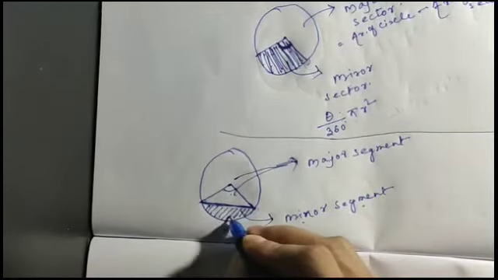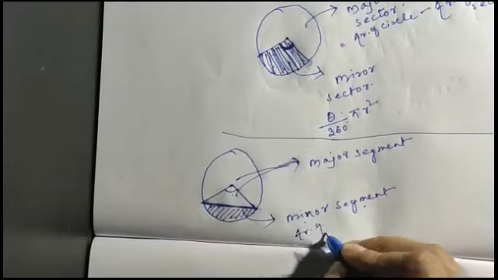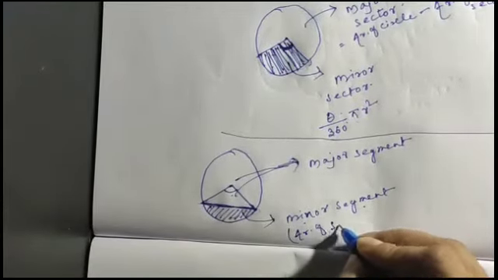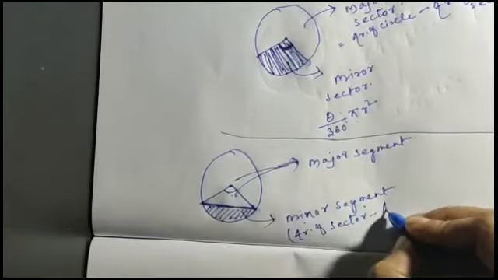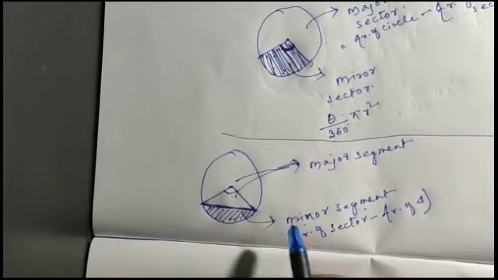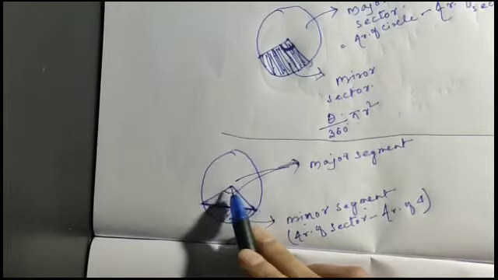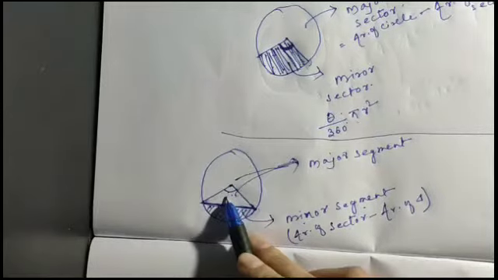To find the minor segment, the formula is area of the minor sector minus area of the triangle.